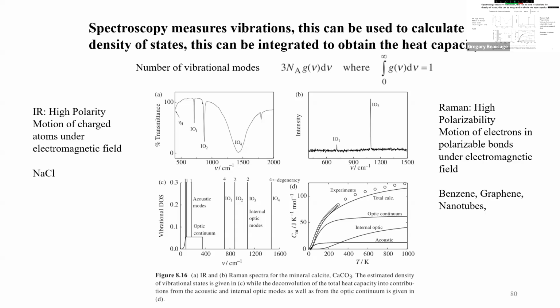So there's a quantized vibration for that bond, and if you have 3 bonds, it could go like that, or it could go like this, right? There are various vibrations, and they could go in and out of the board. So that could be 6 vibrations for a 3-bond molecule.